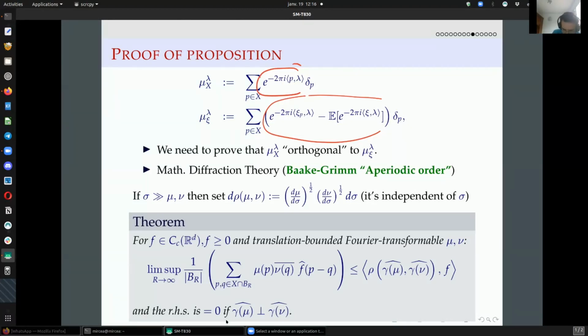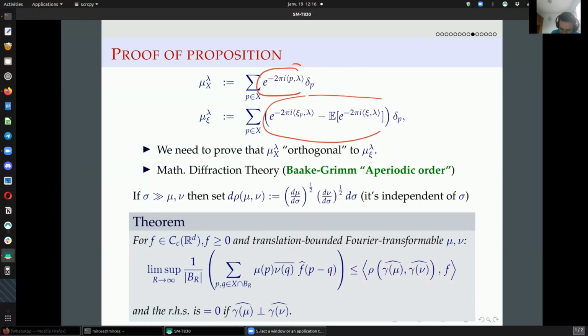In fact, this is interesting for us. I put this hypothesis because it's especially interesting for f a positive function, because in that case, this being zero for all positive functions is the same as saying that this sum here on the right, this kind of convolution of measures, is zero.